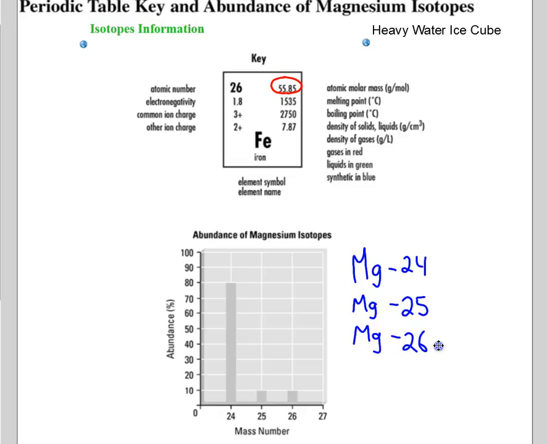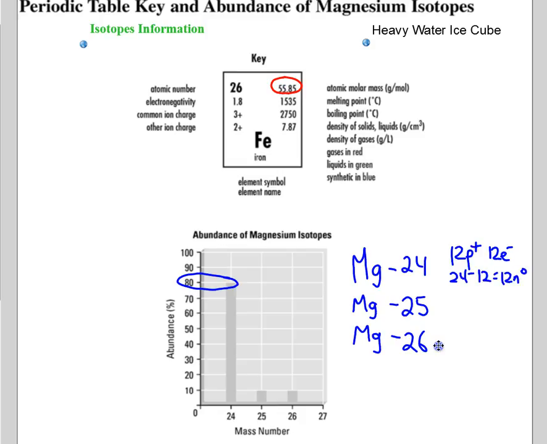When we look at this graph, we see that about 80% of magnesium, when analyzed, is found to be magnesium 24: 12 protons, 12 electrons, but 24 minus 12 equals 12 neutrons.